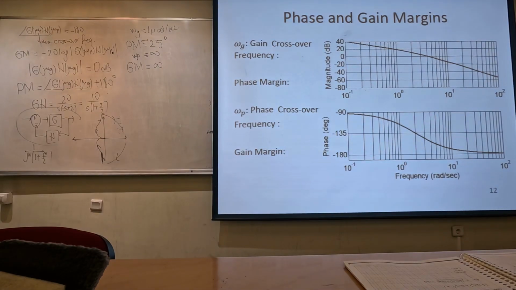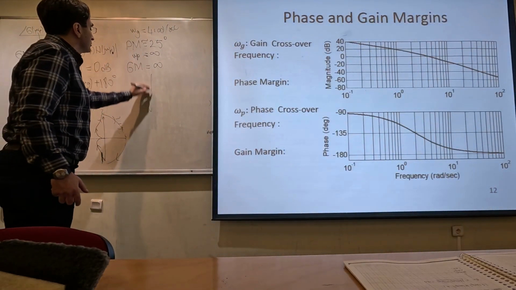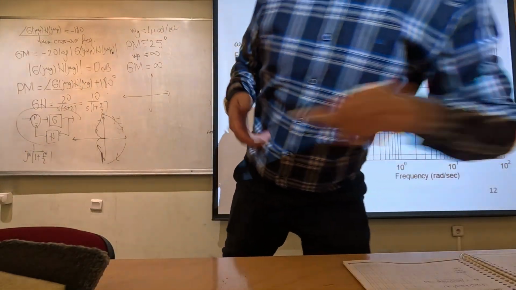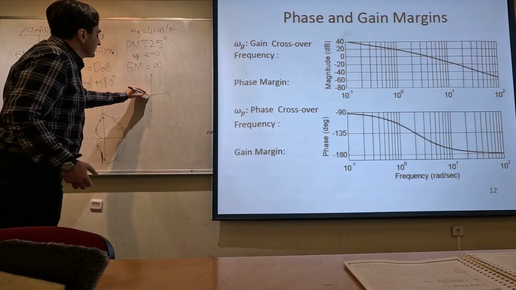I have infinite gain margin, meaning that I can increase the open loop gain in this system as much as I like, and I will never get an unstable system. If I look at the root locus for this system, what does it look like? It is going to be looking like this.